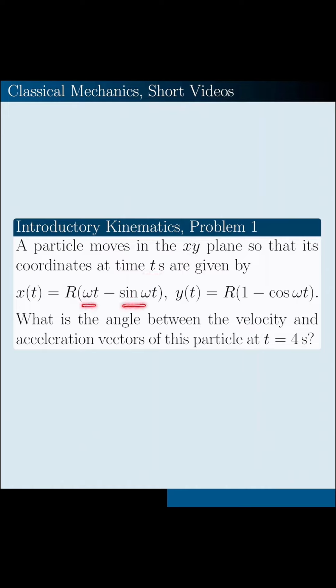Now let theta of t be the angle between the velocity vector and the acceleration vector at time t. You know from vector algebra that cosine of this angle is a dot v divided by norm of a times norm of v. Okay, so the dot product between the vectors a and v is simple.